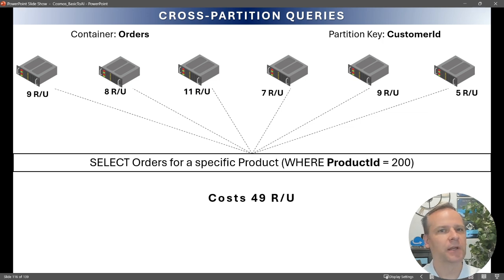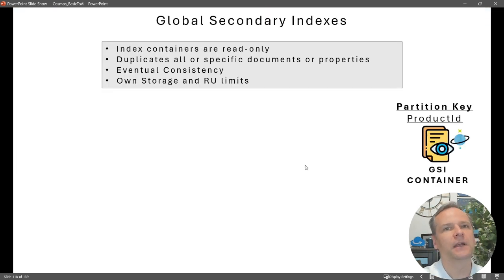The Cosmos DB team has brought a new feature to us. The name of the feature is Global Secondary Indexes. Global Secondary Indexes are really another type of container, and you can only declare them. You have to have a source first, and the source is going to be one of your containers.